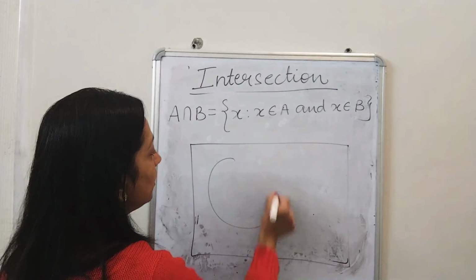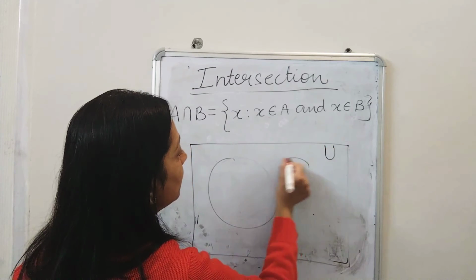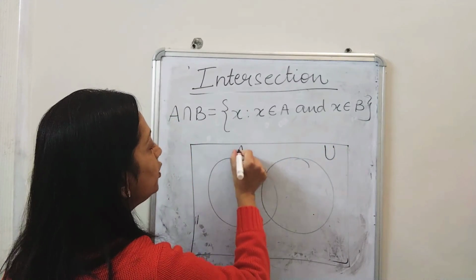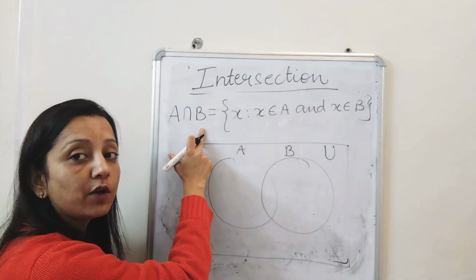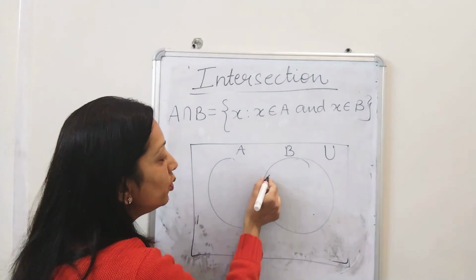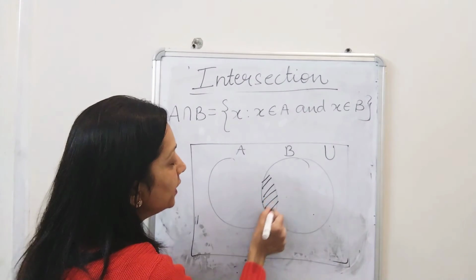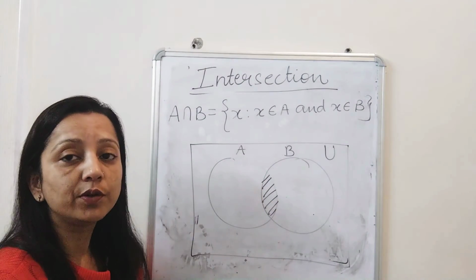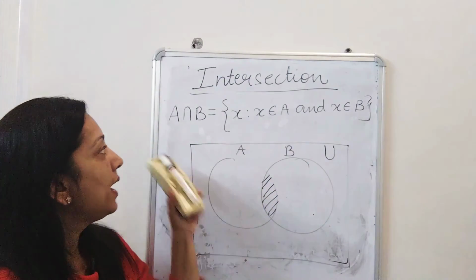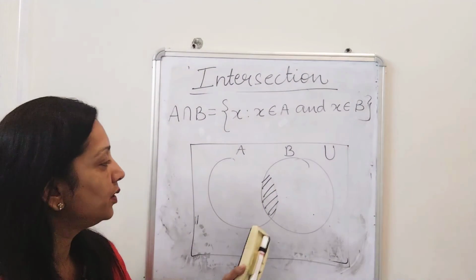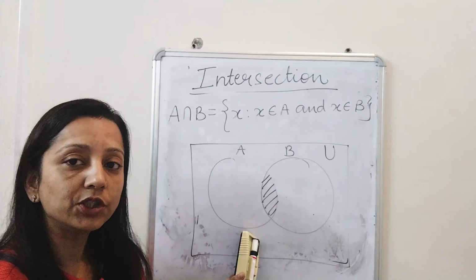Like this. I have a universal set, I have two sets A and B. Since A intersection B is a set of common elements of A and B, only this region will be shaded. So this shaded region represents all those elements which are common to A and B. Hence this Venn diagram represents A intersection B.